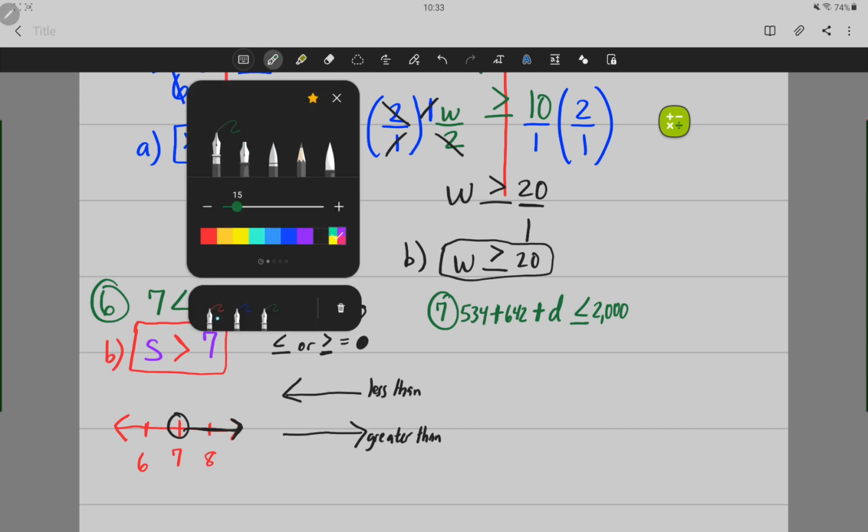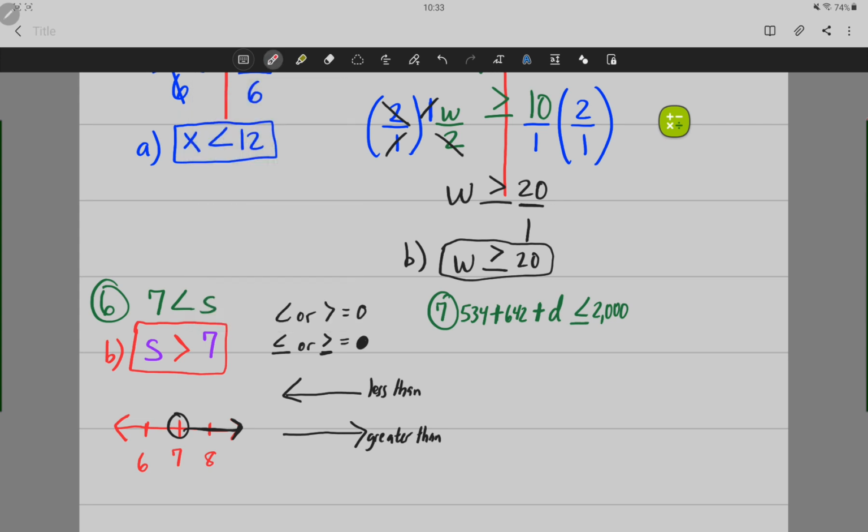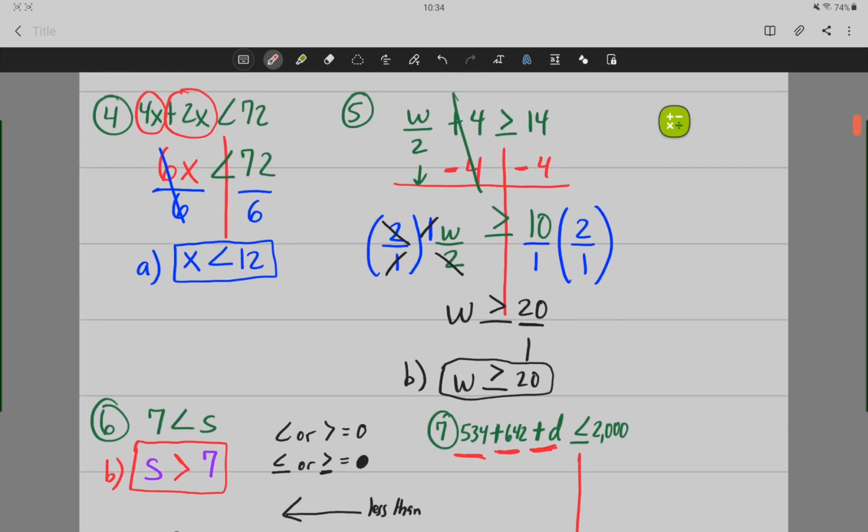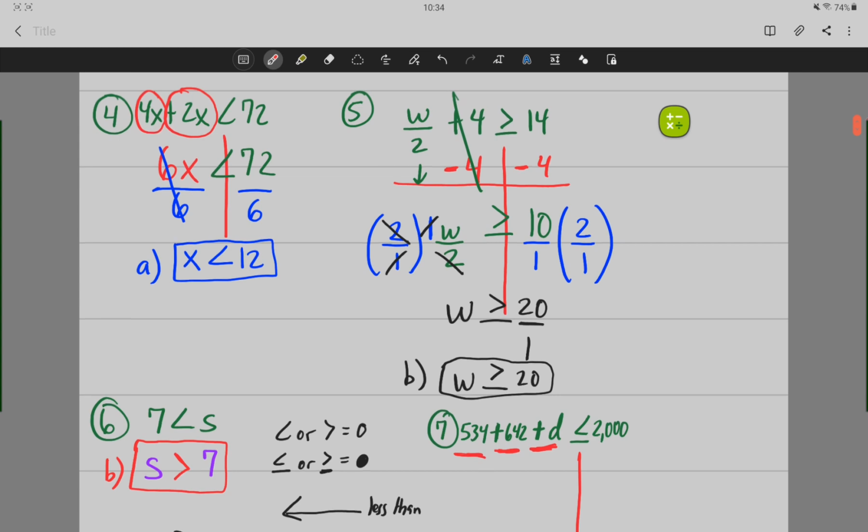So there's our inequality. Solve it like how we've been solving it, where your symbol is, you draw the line, separating terms on the left from terms on the right side. And if we're looking, we're going to see there are three terms on the left-hand side, 534, the positive 642, and the positive D. And what we want to do, just like number 4, where we have like terms, we can combine them.